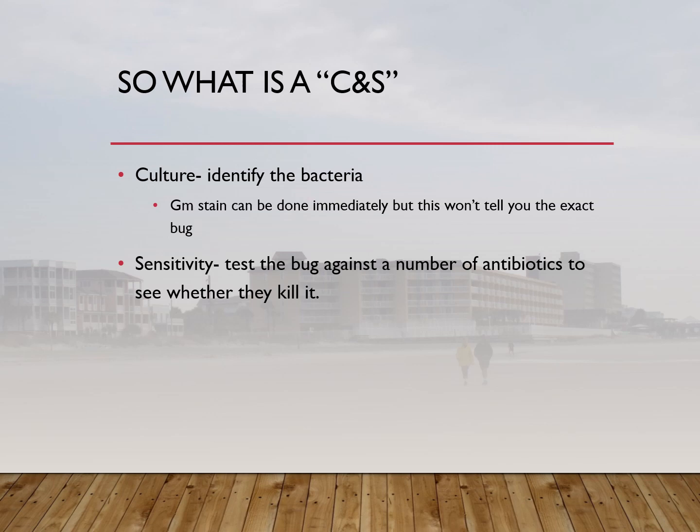Then they stain it. If it takes the stain, it's gram positive. If it doesn't take the stain, it's gram negative. Normally, the gram negatives are harder to kill because they have a much thicker cell wall, and that's why they don't take the stain very well.